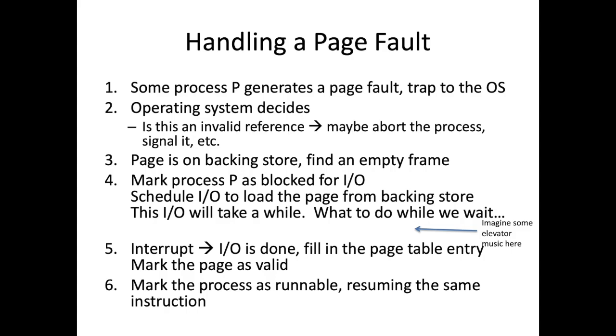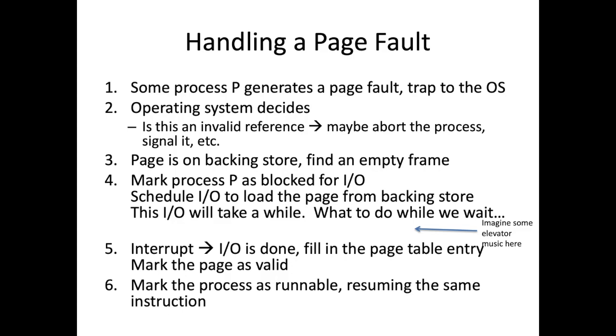But otherwise, so we're down here at number 3, if that's just a page that's out on disk, we started doing this in chapter 1 of the book, but I'll just remind you, we'll call that region of disk where we're keeping pages of a process that aren't memory resident right now the backing store.